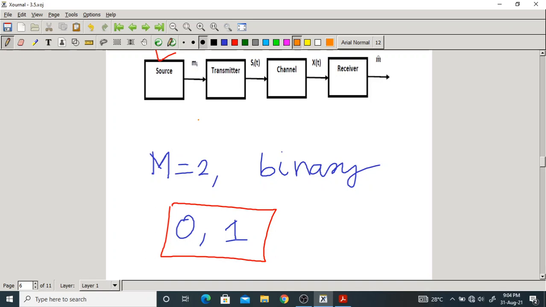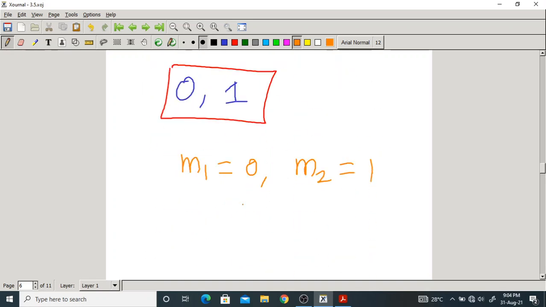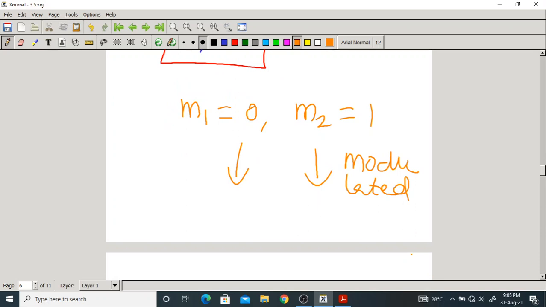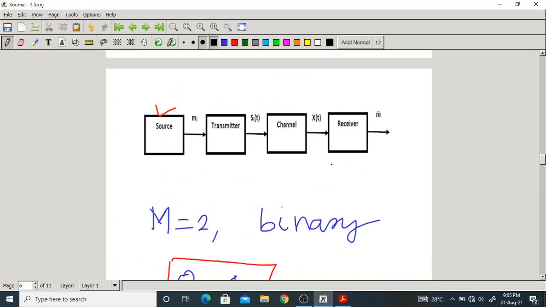Now these symbols will be modulated digitally. After modulation, M1, that is 0, is represented by S1 of t, and M2 is represented by S2 of t. Simply, the source will give symbols M1, M2, and so on up to MM.